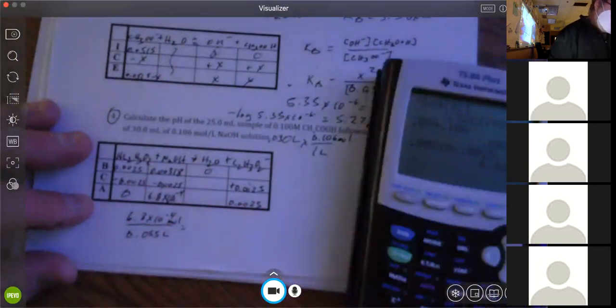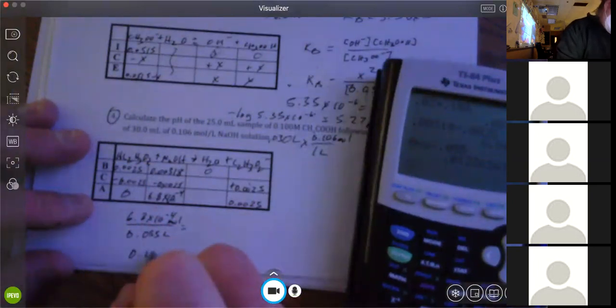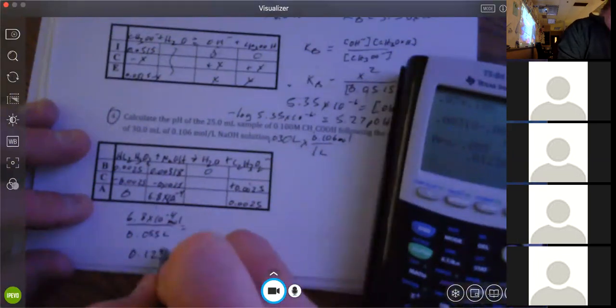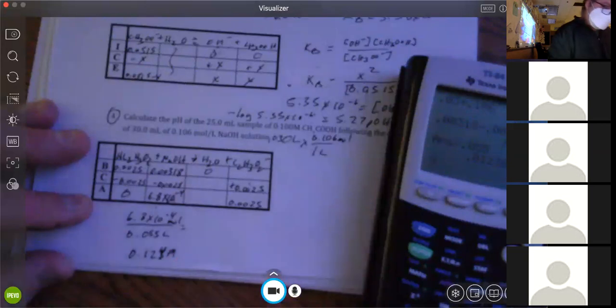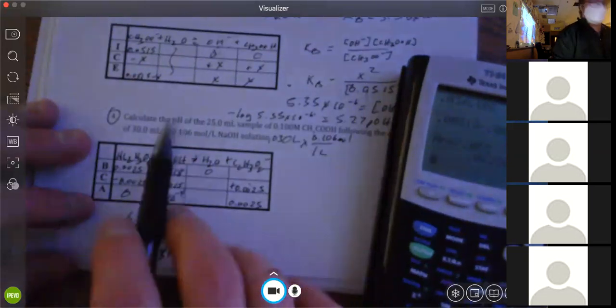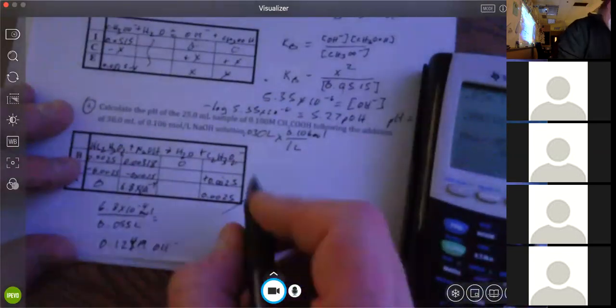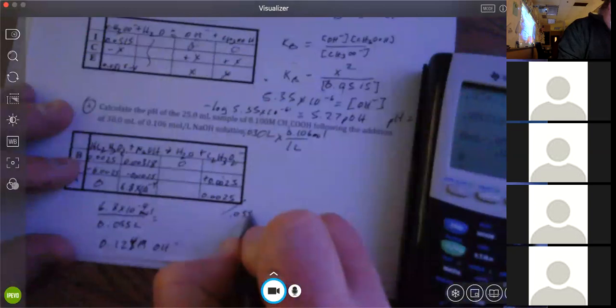So let's take that 6.8 divided by 0.055. That will give us 0.123, actually 0.124 moles per liter of hydroxide. Remember, we're trying to calculate the pH here. So we also have this in 0.055 liters.